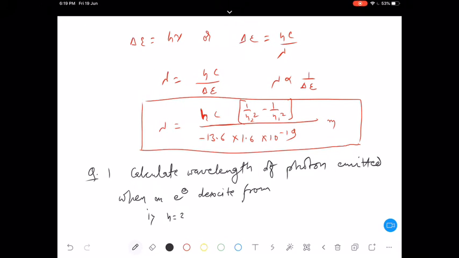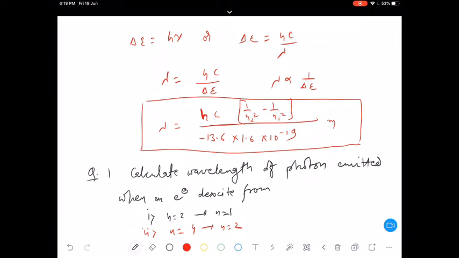First one, from n equals 2 to n equals 1. Second one, n equals 4 to n equals 2. Check whether it is coming out in the UV range and whether it is coming in the visible range. That will be your homework.